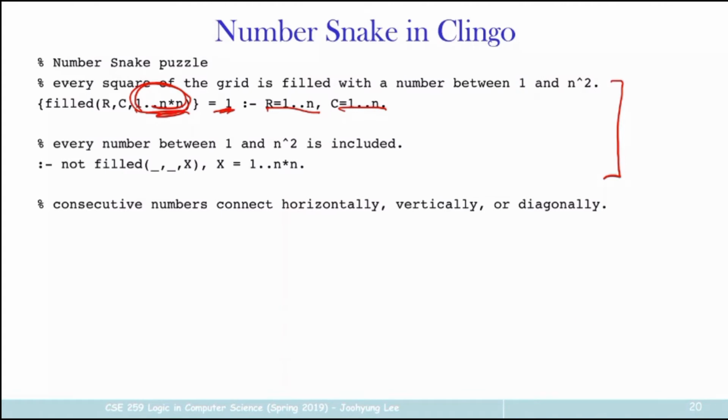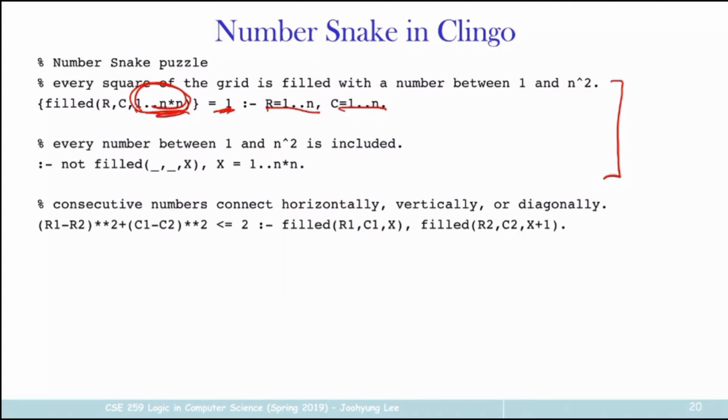And guess what? It is this rule. Let me try to read it for you, but you still have to think by yourself repeatedly about whether this makes sense. Suppose we have filled R1, C1 with X, and R2, C2 with X plus 1.